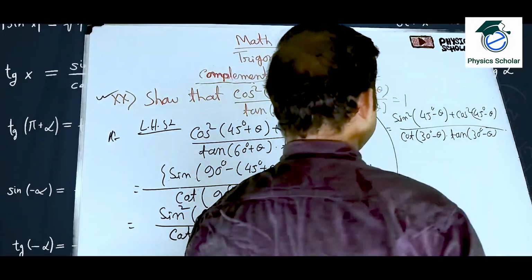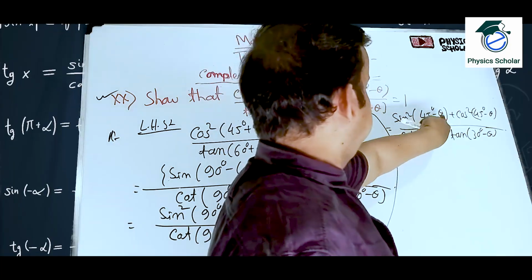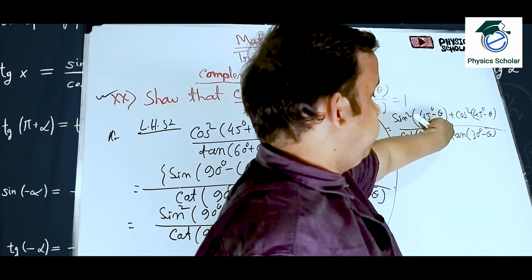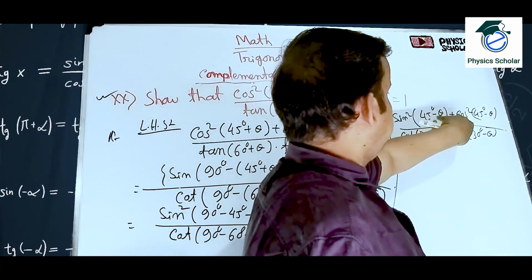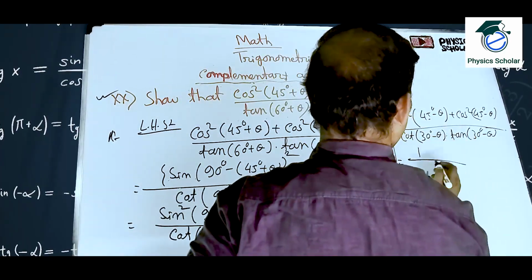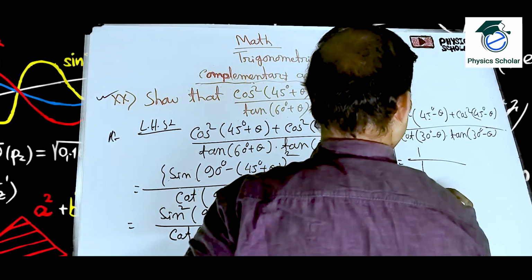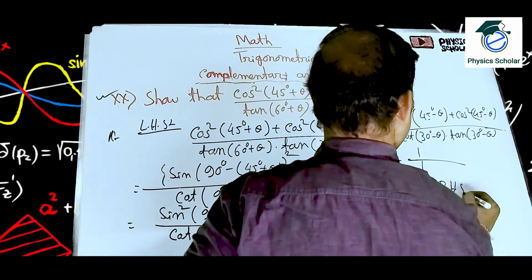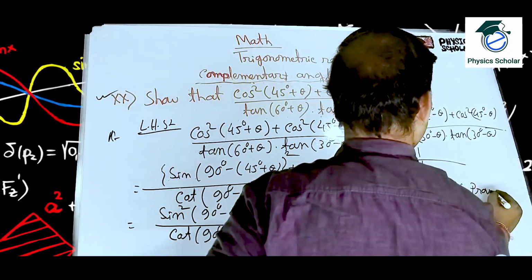See, sin square theta, this total now is theta or phi, whatever. So sin square theta plus cos square theta means 1, divided by cot theta into tan theta means 1. So 1 is equal to right hand side. Proved.